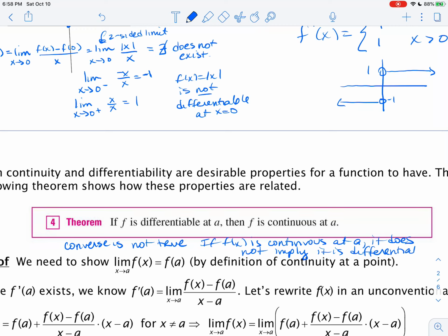And you can refer to the absolute value function above. That is an example of a function continuous at 0, but not differentiable at 0. But if it's differentiable, it is continuous, and the contrapositive is true. The contrapositive is true.